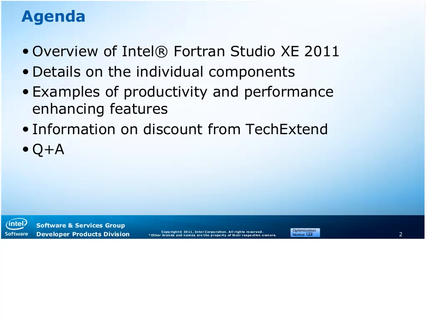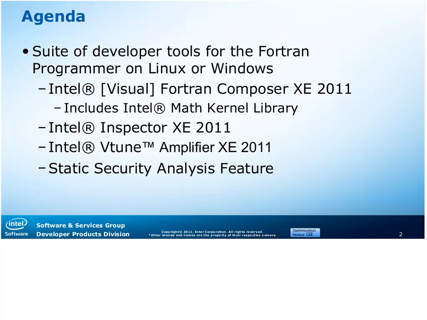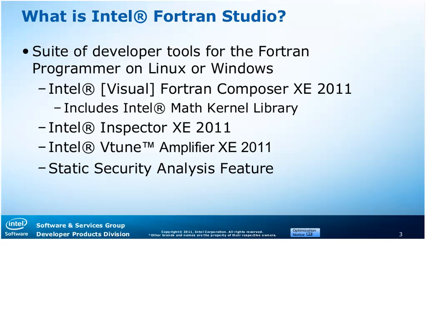Fortran Studio XE is a new collection of tools, although the tools have been around for a year. Back in November 2010, we introduced Intel Parallel Studio XE, which included the Intel Fortran and C++ compilers, plus some productivity and performance enhancing analysis tools, Intel Inspector XE and Intel VTune Amplifier XE.